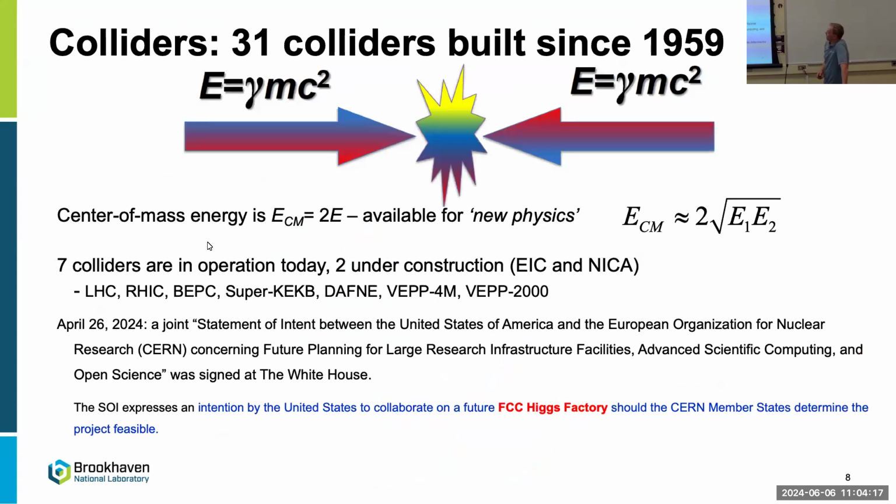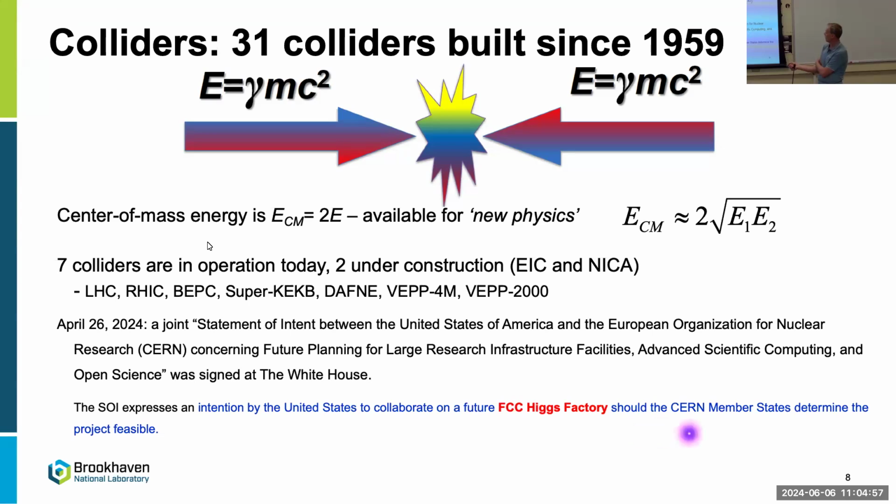So colliders. So eventually, I'm slowly going towards the electron ion collider. So colliders allow us to use the energy stored, provided by these beams very effectively, because if the beams are symmetric, then of course their entire energy is available for the production of new particles.